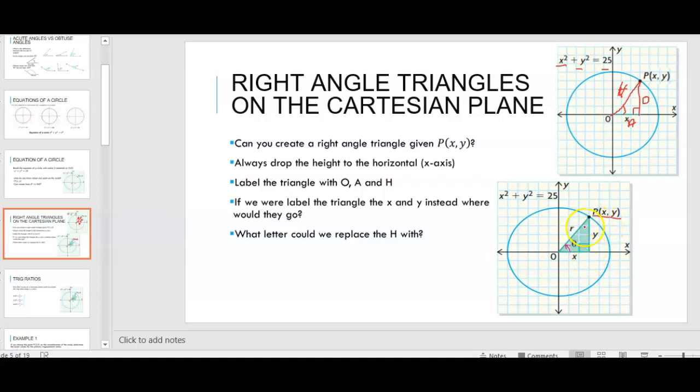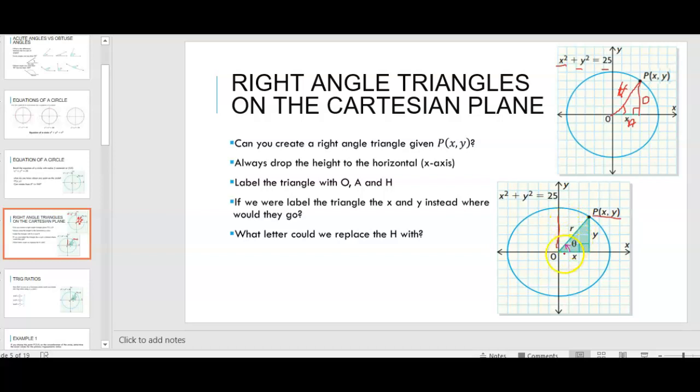So this side, that is the opposite side of angle theta, is the y value of point P, right? So this is y. x, the adjacent side, is equivalent to the x value of the point P. And of course, the hypotenuse is the radius of the circle.